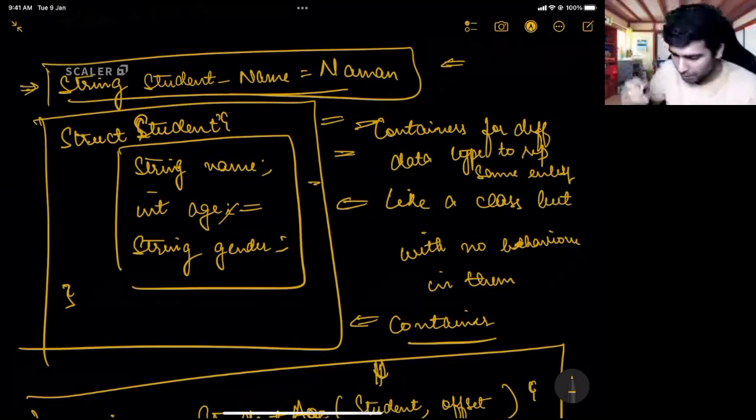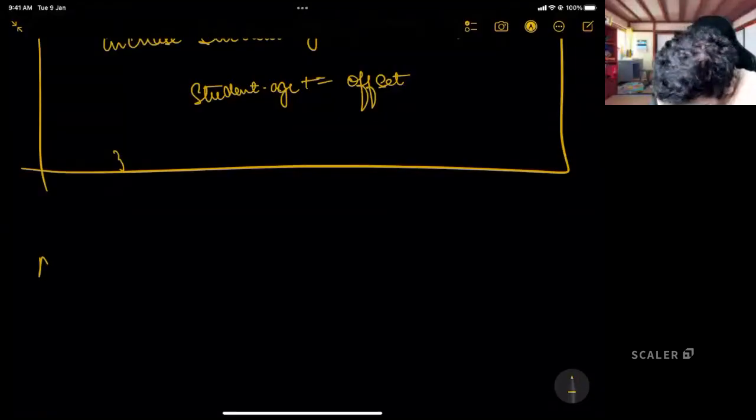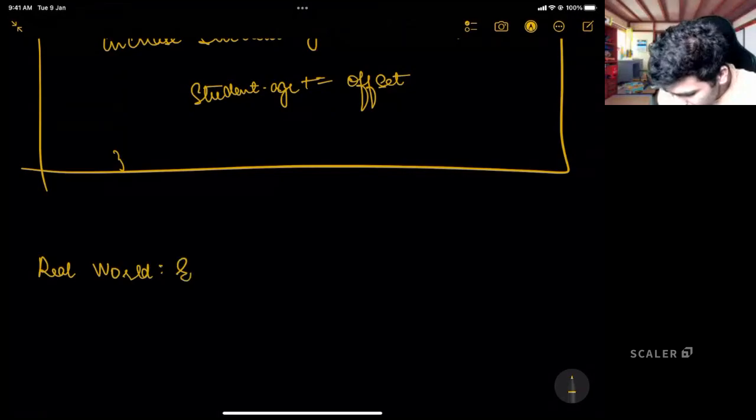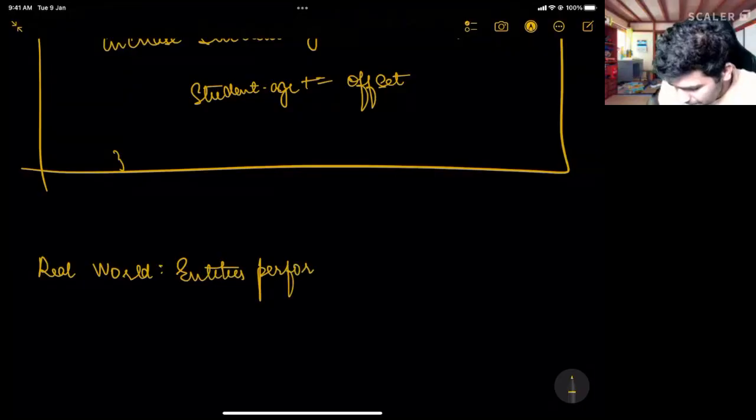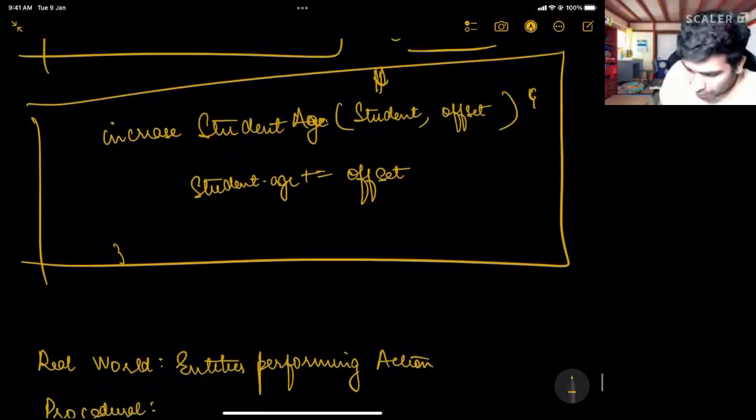In the real world, we thought entities perform actions. In the real world, we were talking about entities performing actions. But in the procedural language, what did you see happening just now? What happened here?